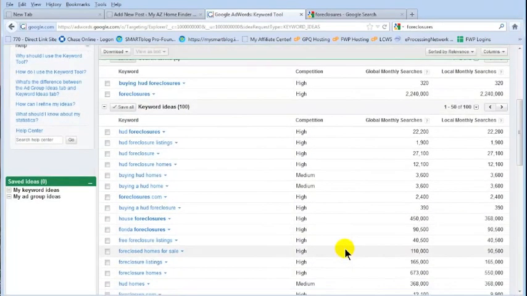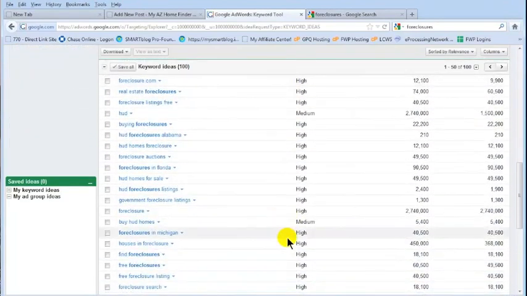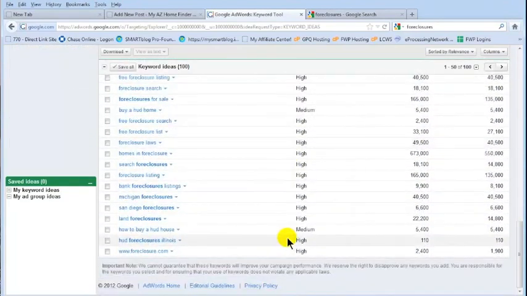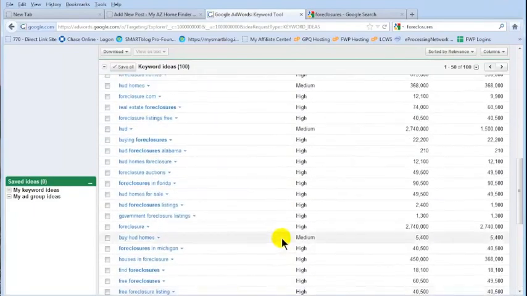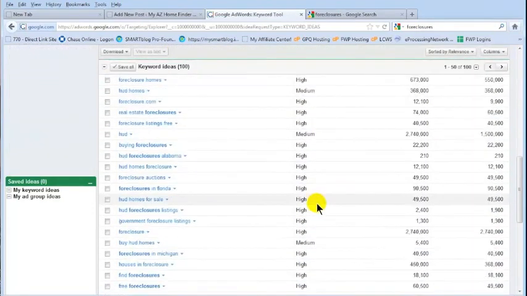Now, I haven't looked at the term foreclosure in quite a long time, but as you guys can imagine, it's a highly competitive term. I can't actually remember seeing that many high-level competitive terms for foreclosure or for any term that I've ever looked up where the competition's almost all high.